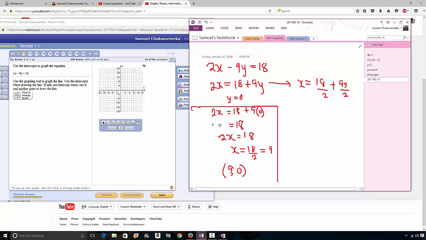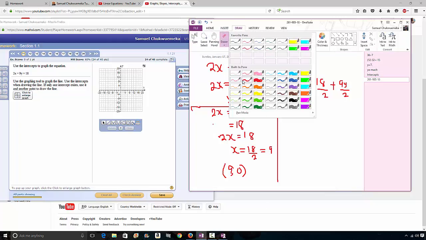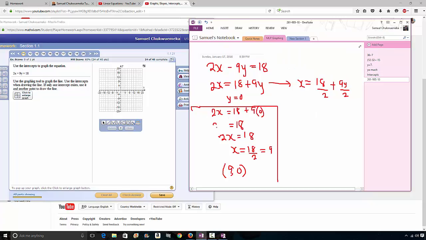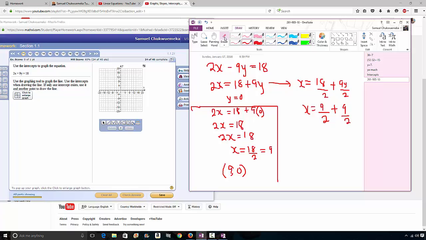Let me erase this and then get back my pen. So 2x equal to 18. But I will say solve it this way first: x will be 18 over 2, which is 9. Solve for x first, then set y to be 0.